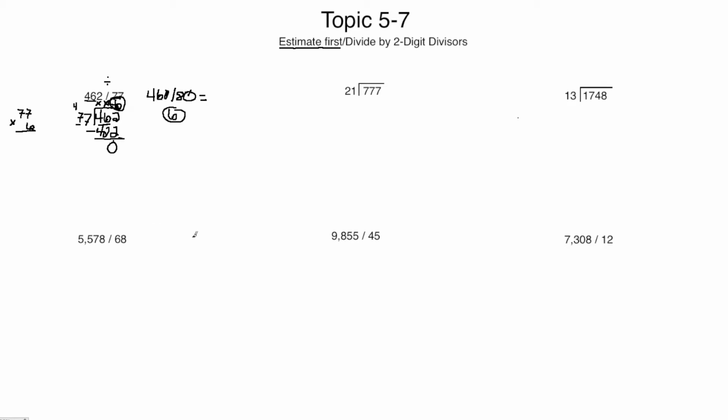Okay, so I'm going to rewrite my estimate over here. I'm going to estimate 68 to 70. Okay, now I can write it in this format because that's just like what we did in topic 5-2. So let's look at these two and try to make it compatible to 7. And that would be, I wrote the wrong thing.